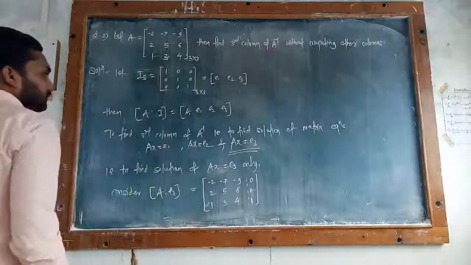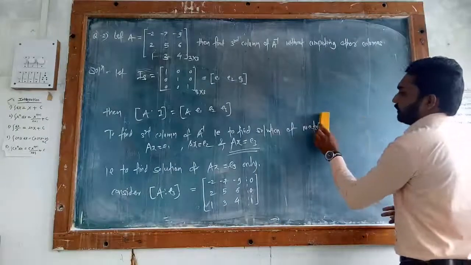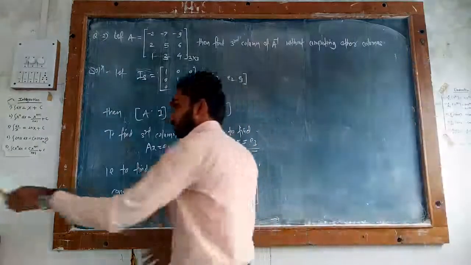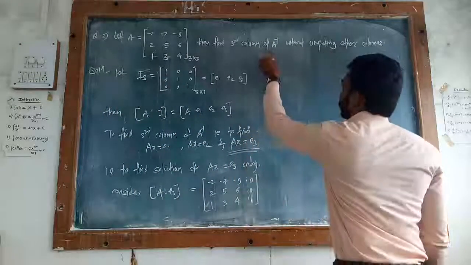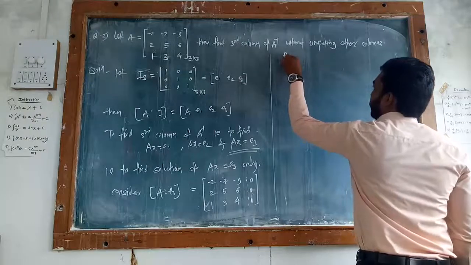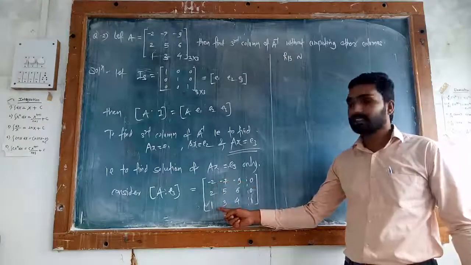Therefore we get, after interchanging, I will erase here. Okay. So what is the first operation? That is R13, where we interchange the first and third rows.